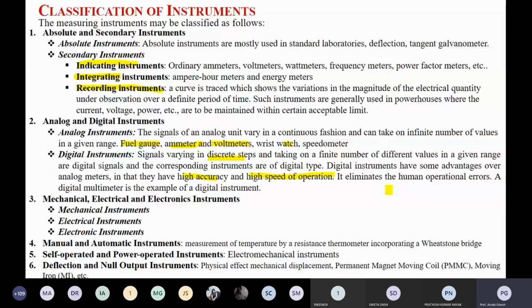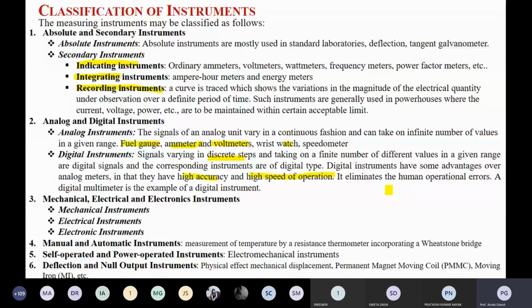If the variation is beyond this range, you are not able to fetch those values. So in that case, the analog meter will not give you an accurate value, and you have to go for the digital instrument. So those are the basic advantages of the digital instrument over the analog instrument.